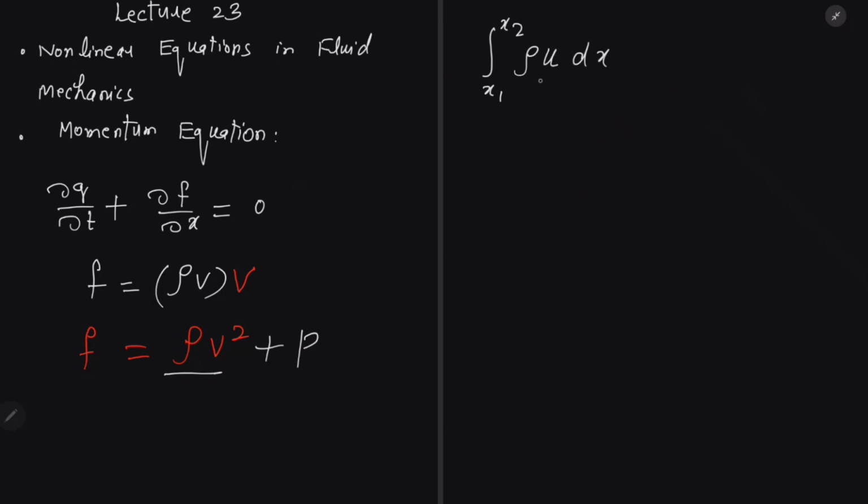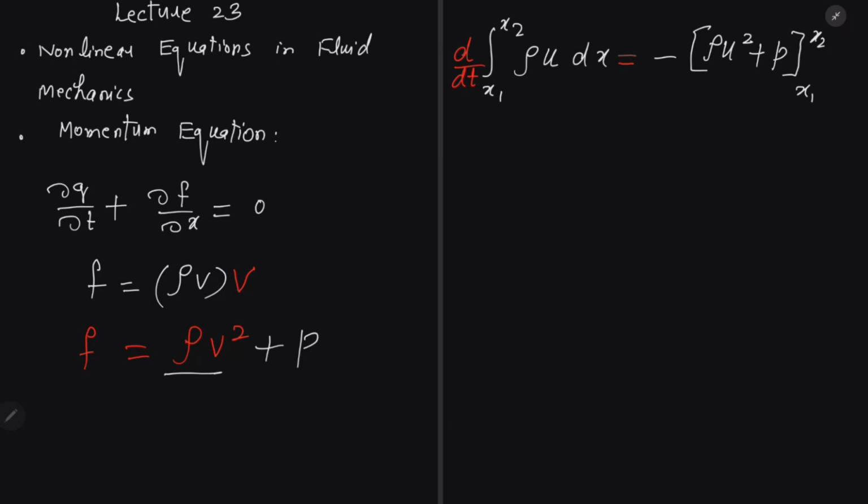Remember that when we have a one-dimensional quantity, the density is mass per length. If I want to see how this quantity is changing, we take a derivative with respect to t. That will be equal to the flux that we have introduced, rho u square plus p, evaluated between x1 and x2.